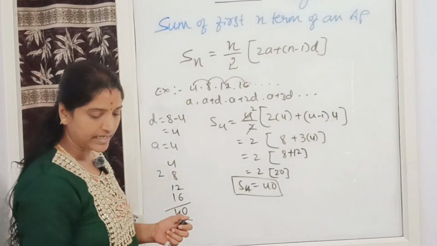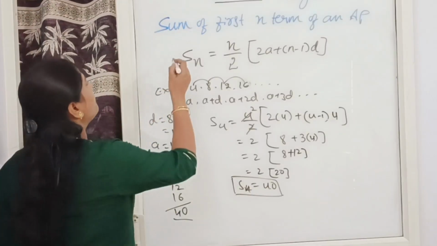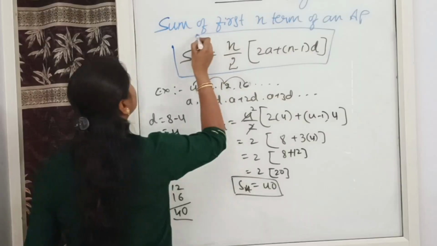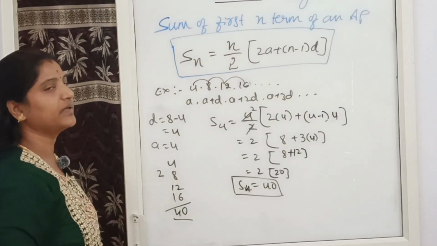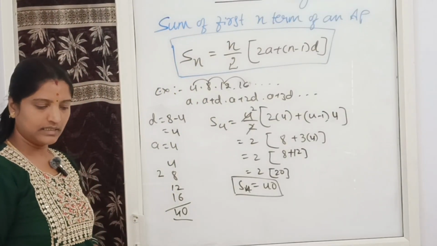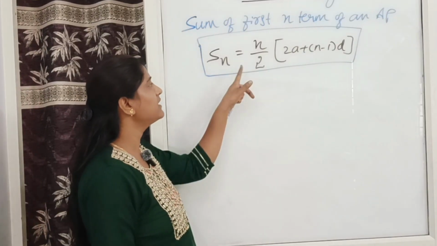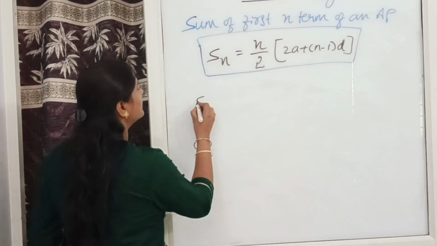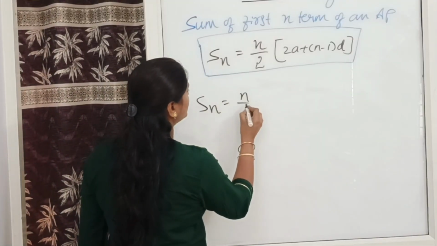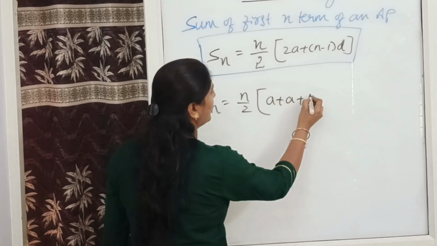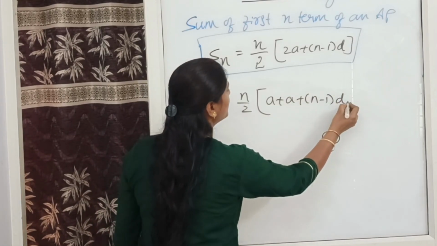So this formula is very important, that is Sn is equal to n by 2 into 2a plus n minus 1 into d. Understood? And one more thing: the sum of n terms of an AP, we can split like this: n by 2 into, instead of 2a, we can take a plus a, plus n minus 1 into d.